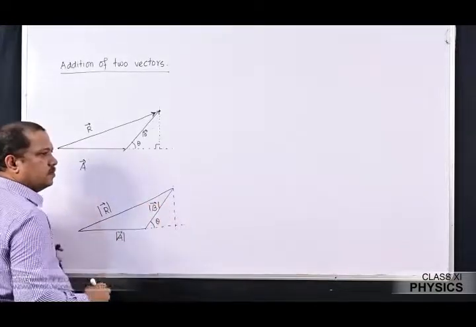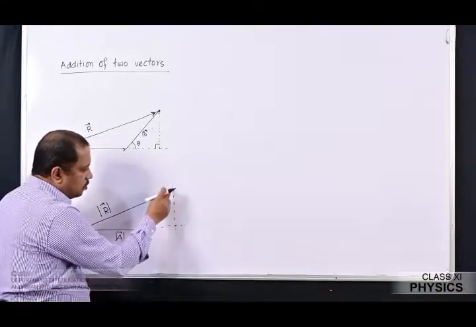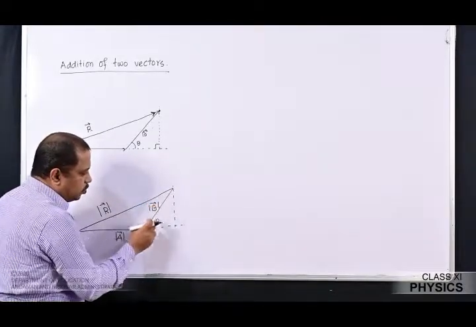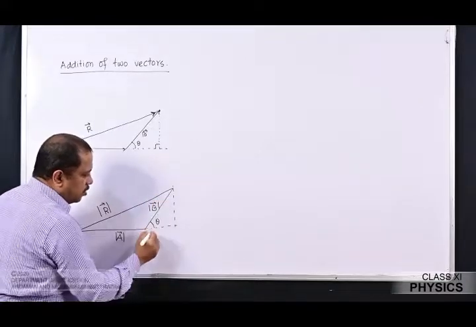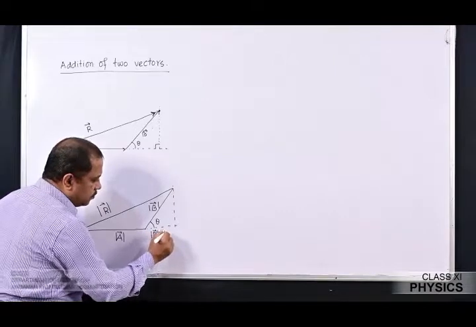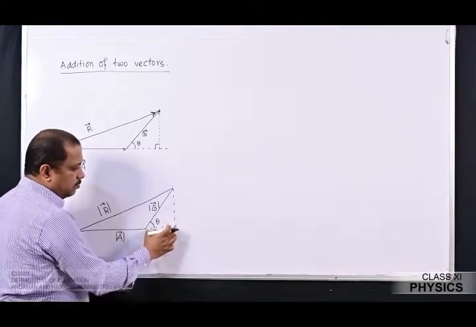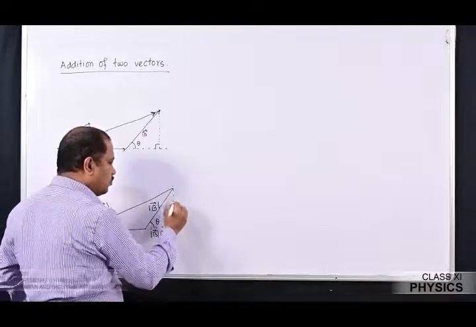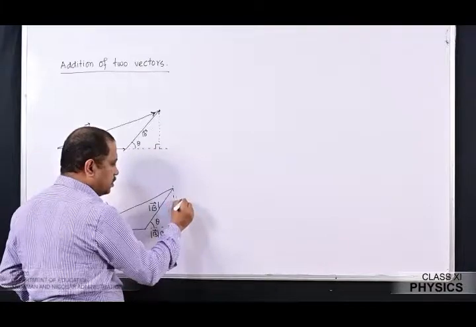If that is the case, I want to split this vector into two rectangular components. If this is B, we know that this will form B cos theta, which gives the length of this component, and this height is B sin theta.